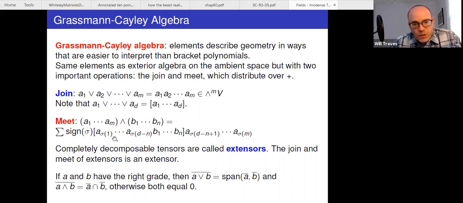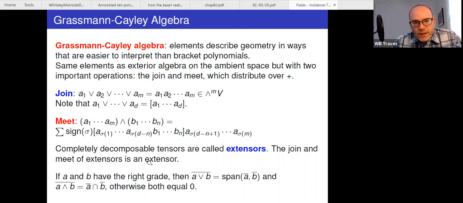And the meet corresponds to taking the intersection of two subspaces. You've got a subspace here defined by m vectors and another subspace here defined by n vectors. You can take their meet, and what you get corresponds in some way that I'm not explaining to the intersection of these two vector spaces.